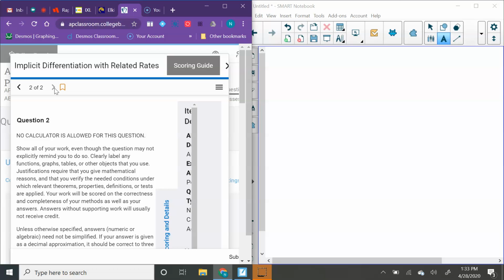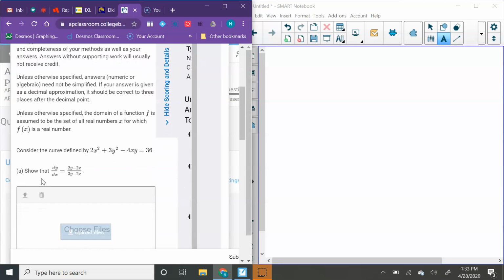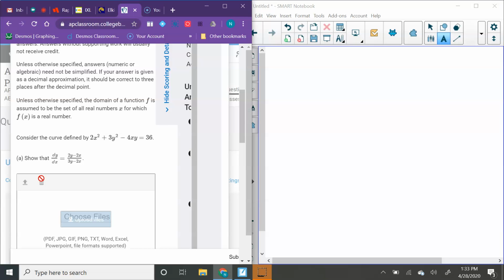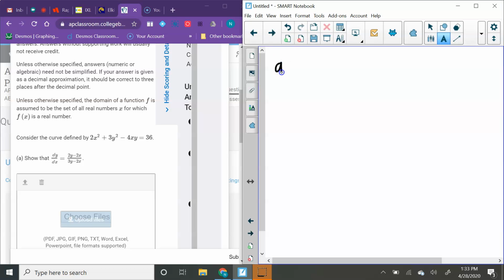Okay, question 2 is more implicit differentiation. So at first we just have to take our derivative here for part A. So we'll have 4x plus 6y, and we have to put a dy dx with that one, minus, depends on how you want to do it here.